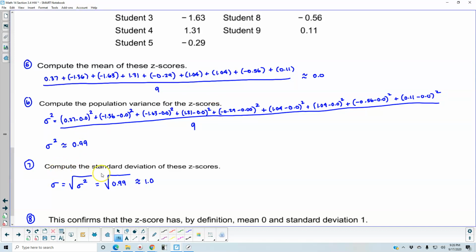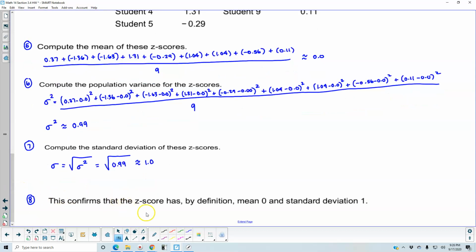Then to compute the standard deviation of these z-scores, we take the square root of the variance to get 1.0. So this confirms that the z-scores have, by definition, a mean of 0 and a standard deviation of 1.